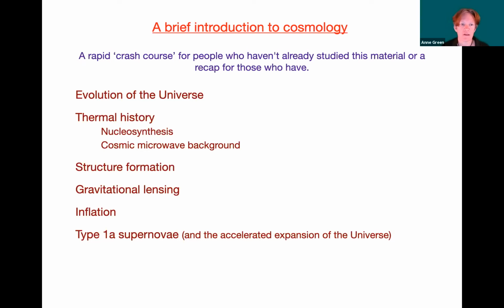To really do cosmology properly would take probably 20 lectures, and even more if you were going to start from first principles with general relativity. So this really is just going to be an overview of the crucial results.